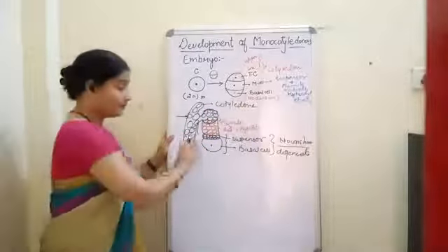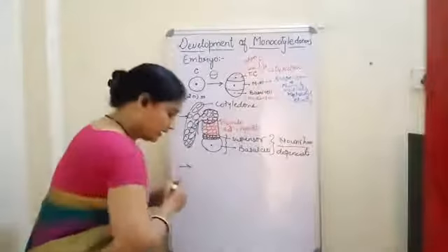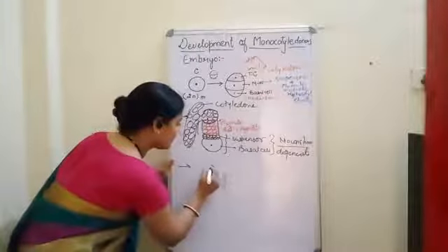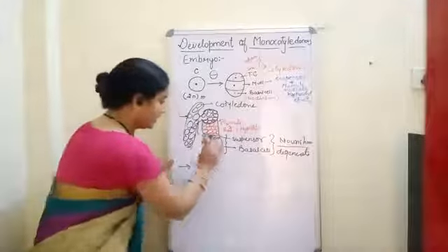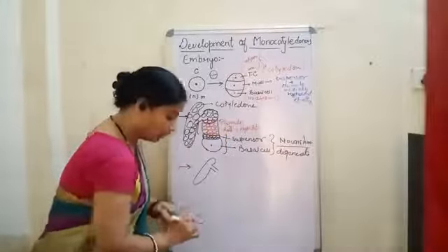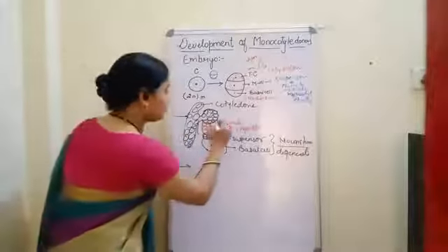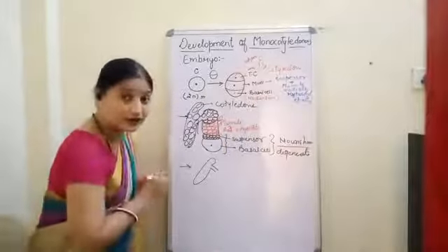Understood? Now see the next stage, what will happen here? If I draw, now this is our cotyledon, and after further division, the portions will come out. The plumule will protrude. The radicle will protrude from the lower side.